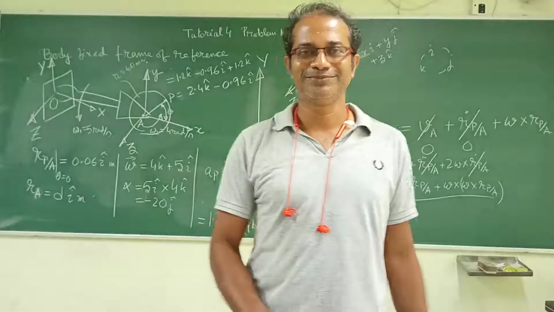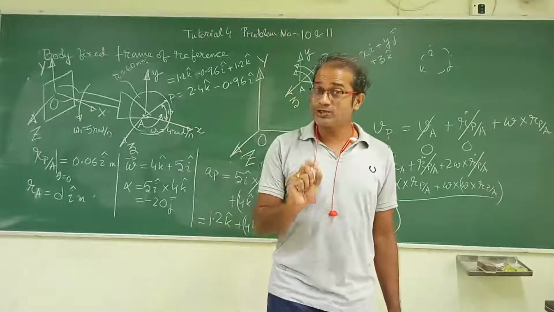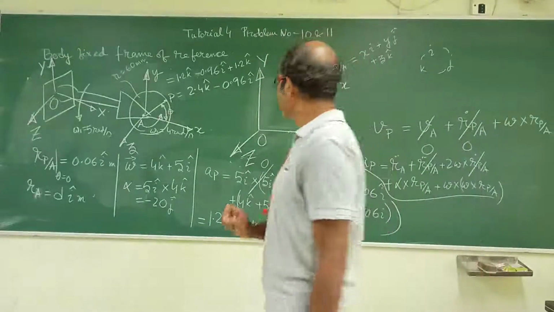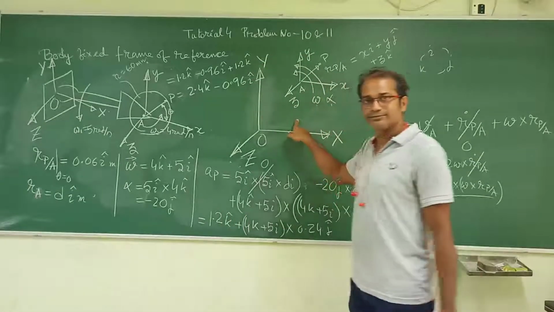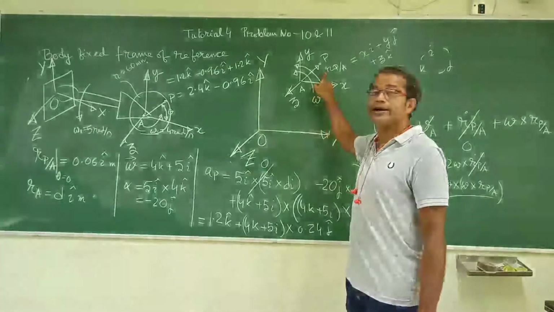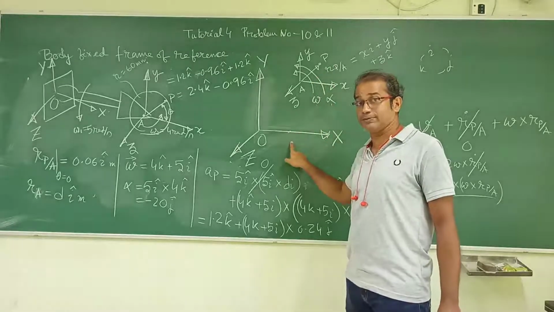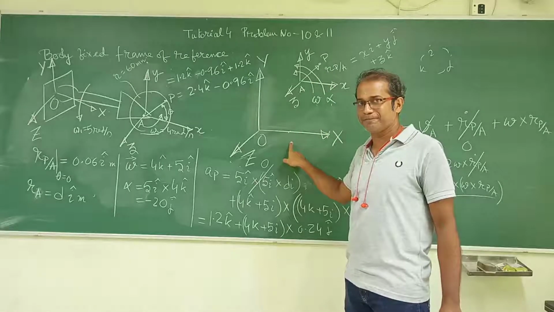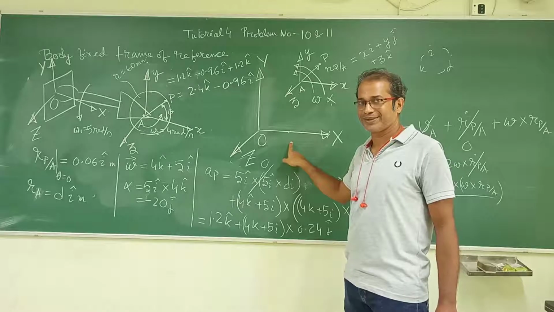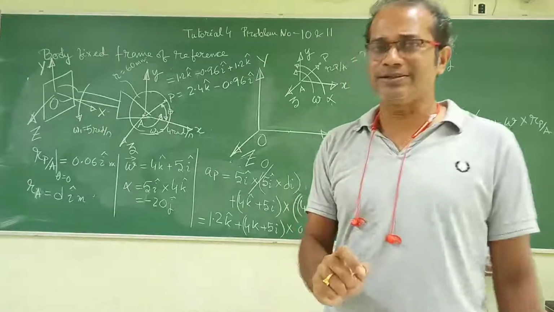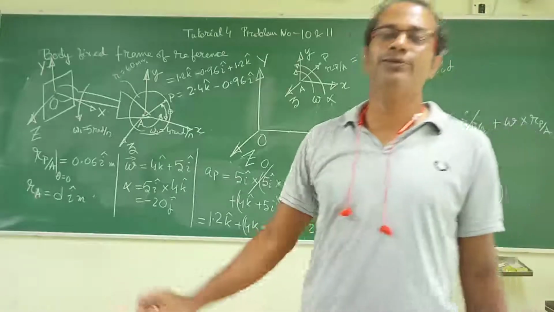No problem. One thing for rotation, as I told, we always measure those angular velocities and acceleration with respect to inertial frame. Please keep one thing in mind. If you keep that concept in your mind, then every problem you can solve.